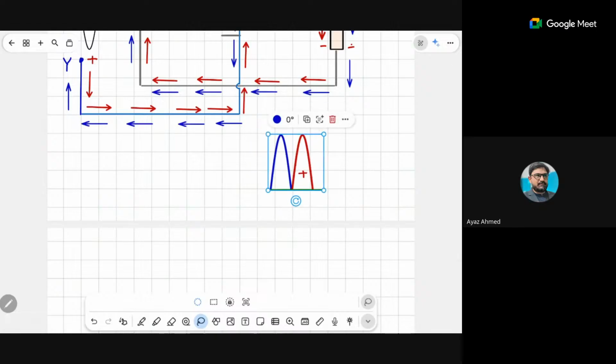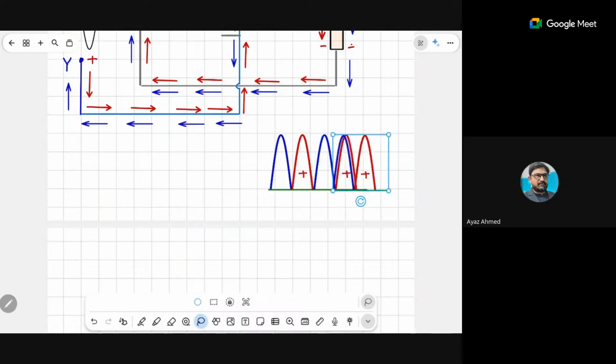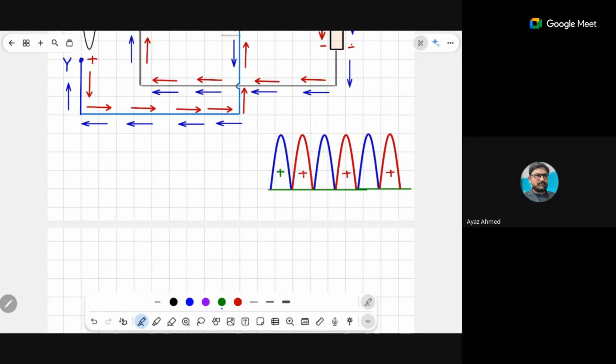This is the output cycle: blue, red, blue, red, blue, red. So how many cycles are there? Basically there were two cycles. This was the positive of one, the negative of that first, positive, positive. So actually this was something like this, something like this. Do you agree?